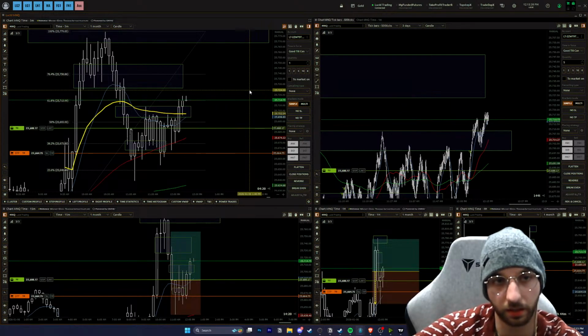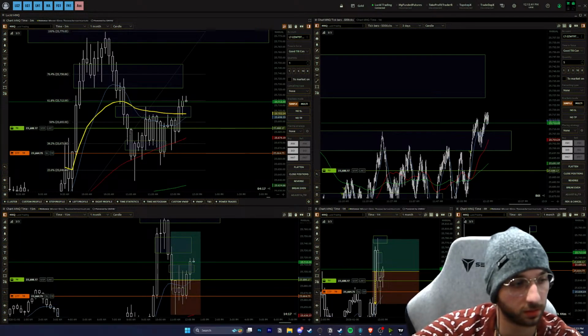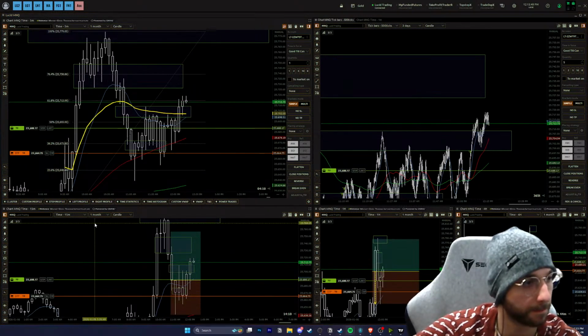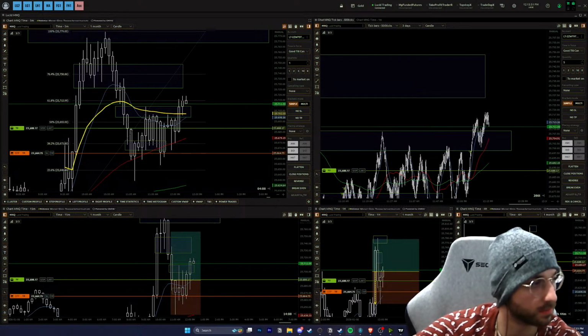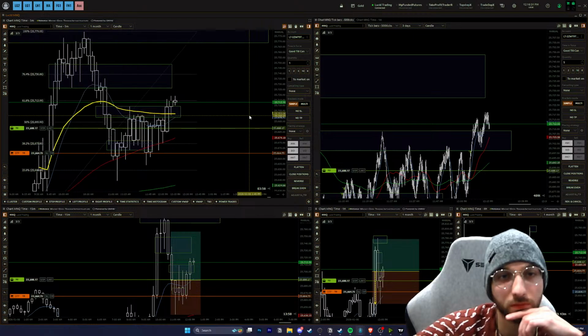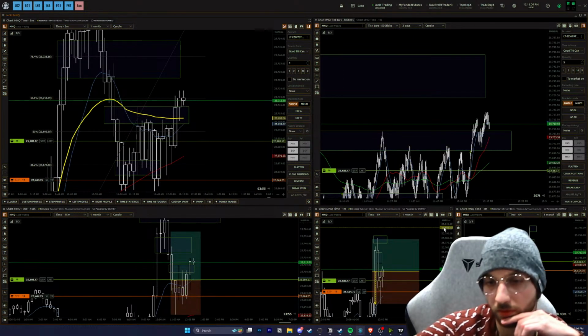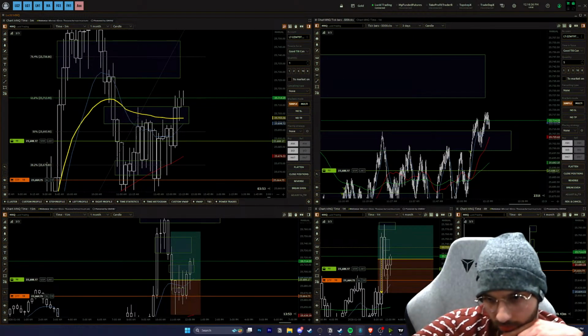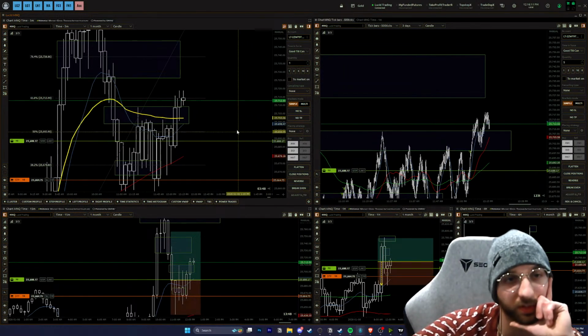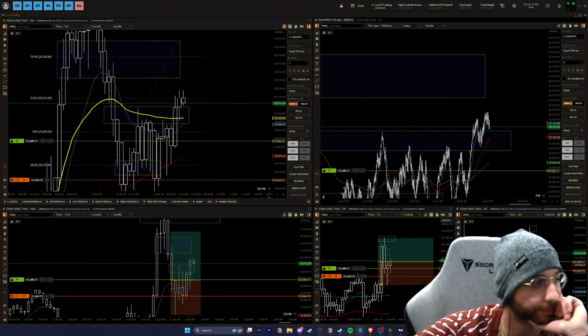Is this technically a supply zone here? Just kind of waiting for volume to pick up. It might not, though. This might just be a slow climb up.